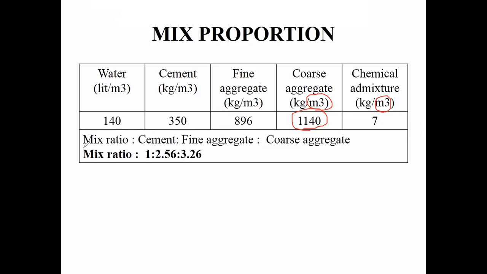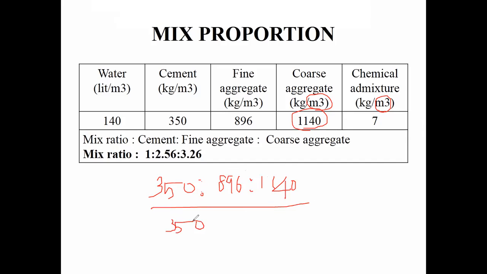And the mix ratio is often taken as cement is to fine aggregate is to coarse aggregate. So the cement content here is 350, is to fine aggregate 896, is to coarse aggregate 1140. Am I right? So what you are doing here? You are going to divide these three values by 350, because the first value should be kept as 1.